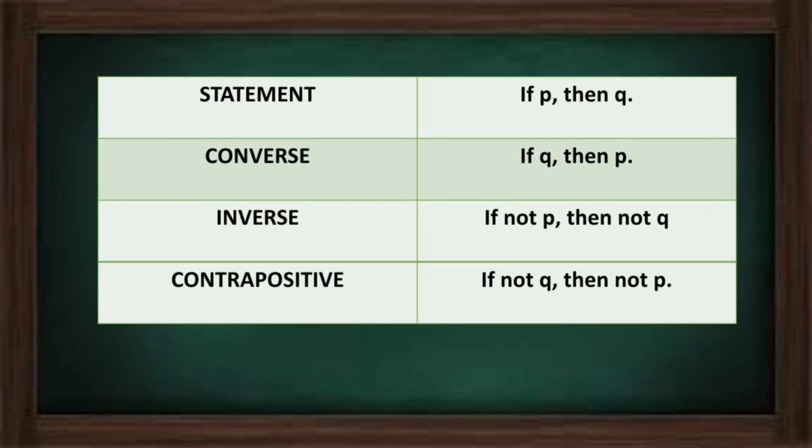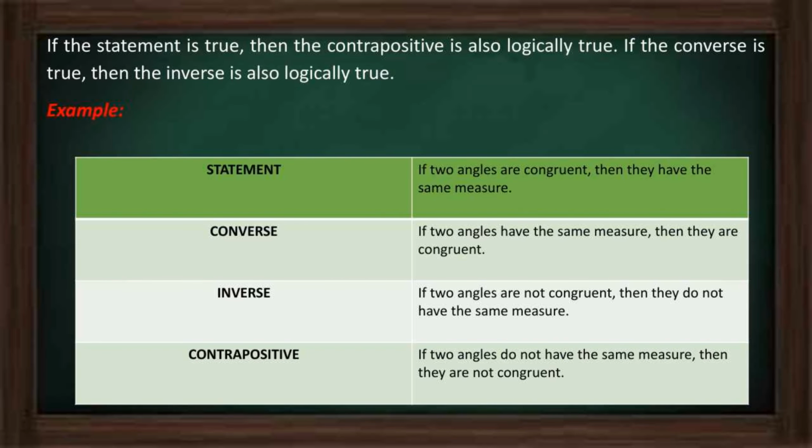The conditional statement consists of the hypothesis and the conclusion, denoted as if P then Q. However, if we transform the conditional statement into its converse form, then the hypothesis and the conclusion will be interchanged, denoted as if Q, then P. While if we transform the conditional statement into its inverse form, then we will negate the hypothesis and the conclusion, denoted as if not P, then not Q. On the other hand, if we write the conditional statement into its contrapositive form, we will interchange the hypothesis and the conclusion and negate them, denoted as if not Q, then not P. If the statement is true, then the contrapositive is also logically true.